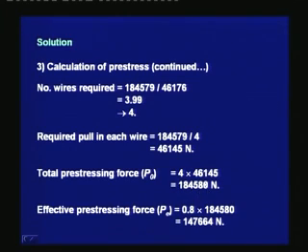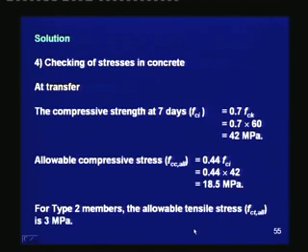These values turn out to be close because we have got a value 4 which is very close to the calculated one, 3.99. The effective prestressing force is 80% of the prestressing force at transfer, which comes out to be 147664 newtons.